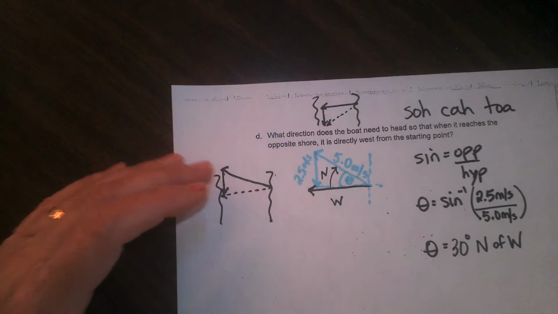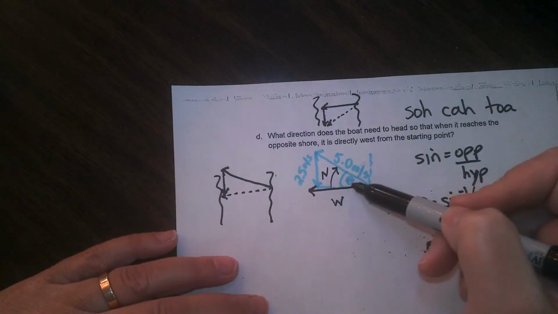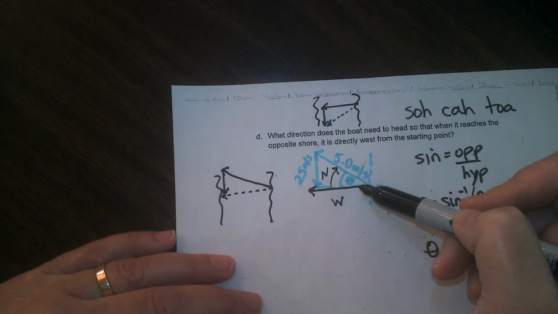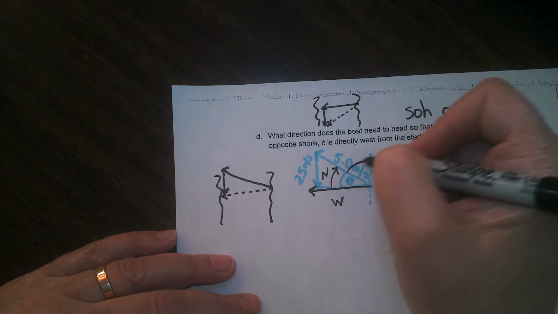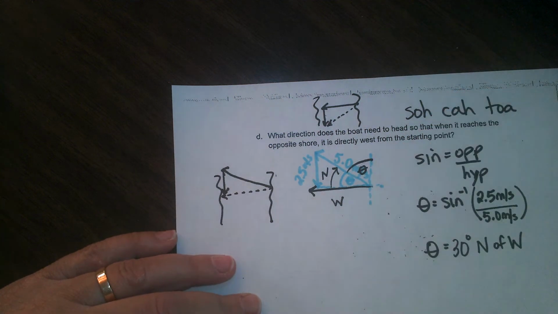So, is this angle here relative to the shore? What's it relative to? It's relative to the river. This angle here is relative to the shore.